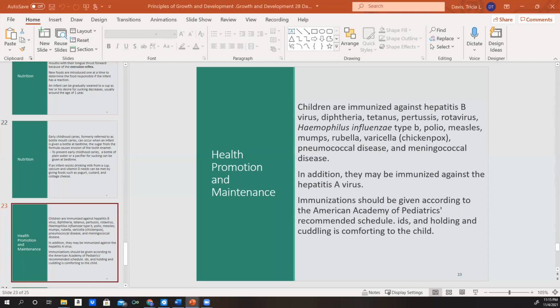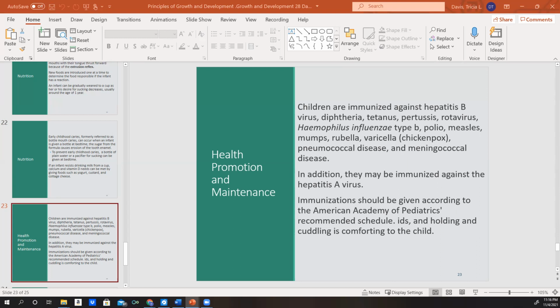We do know that our infants get a lot of immunizations in their first couple of years of life. Some of the ones that they're immunized against are hepatitis B, diphtheria, tetanus, pertussis, rotavirus, hemophilus influenzae type B, polio, measles, mumps, rubella, varicella, which is chickenpox, pneumococcal disease, and meningococcal disease.